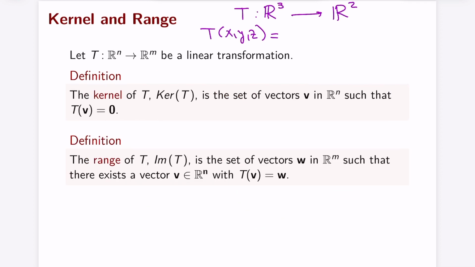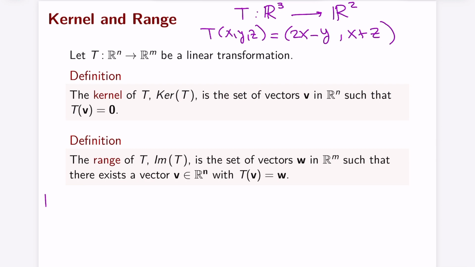So for example, in the transformation that we had before from R3 to R2 that takes an x, y, z in R3 and transforms it into (x minus y, x plus z). What is the kernel of this transformation?